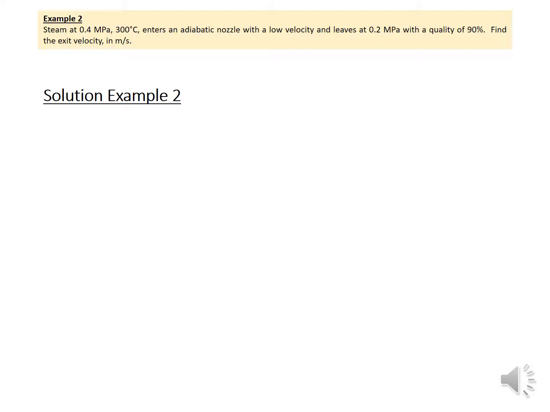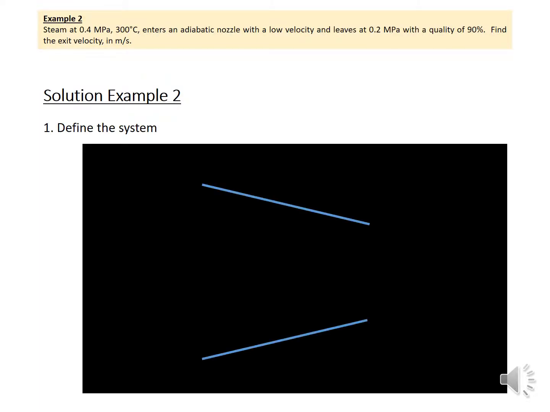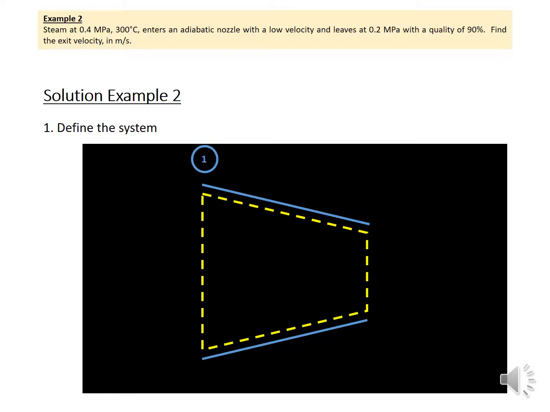Solution for example 2. Define the system. Now we are going to draw the system. Point 1, point 2. At the inlet, T1 equals 300 degrees Celsius and P1 equals 0.4 megapascal.